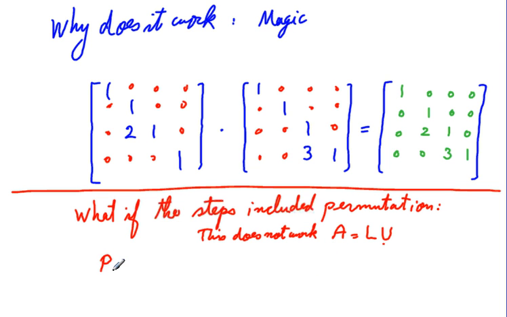So we let P be a permutation matrix, responsible for all the row interchanges you are presumably going to do during that process.